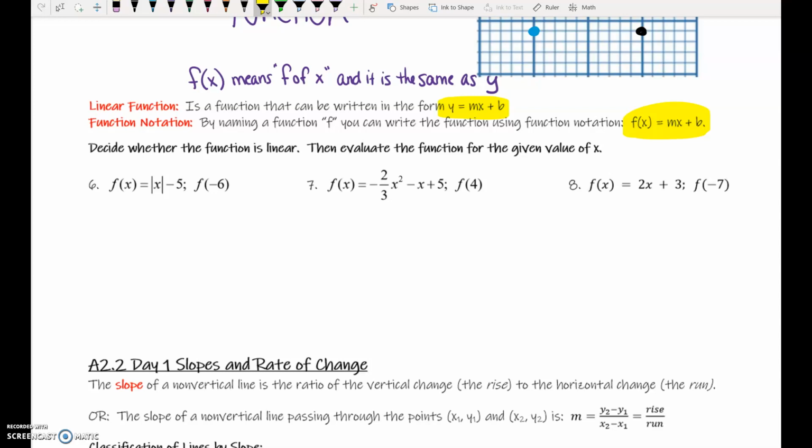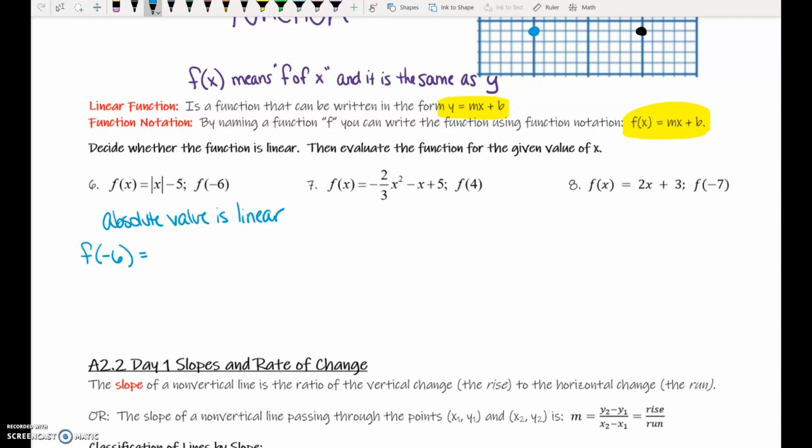The first one is kind of a trick. Those bars, we've seen those recently, those are absolute value bars. Absolute value is linear. So I'm just going to make a note that absolute value is linear. We need to evaluate f of -6.